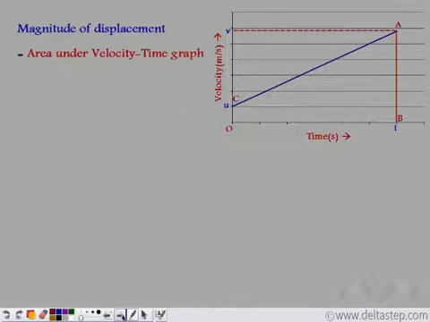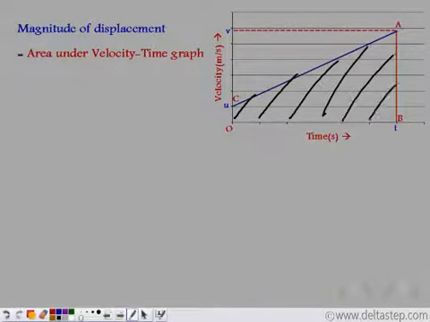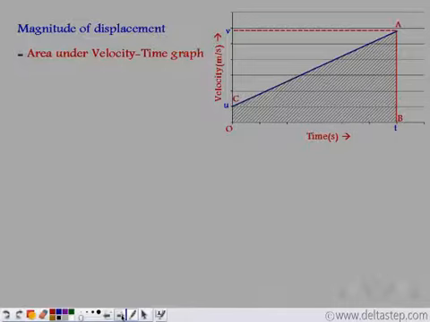Now we know that the magnitude of displacement is equal to the area under the velocity time graph. So we can use this velocity time graph to calculate the magnitude of displacement. What will be the area under this graph? This is the area under the velocity time graph, and this area gives us the magnitude of displacement. Now this is the area of region OCAB.